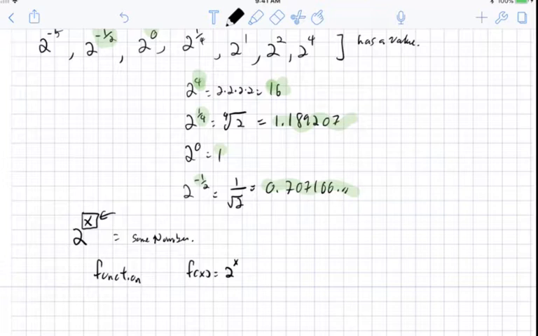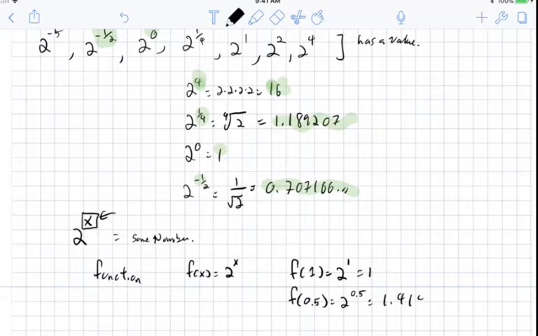If you want to know what f at 1 is, I'm just going to replace the x with a 1 and then evaluate it. F at 0.5, replace the x with a 0.5 and then evaluate it. 2 to the power 0.5, 1.414213.